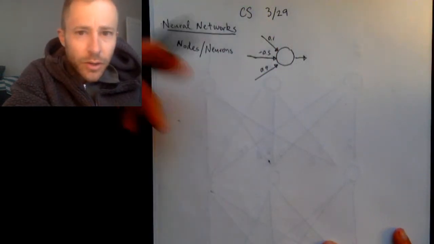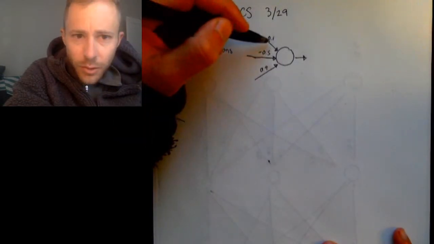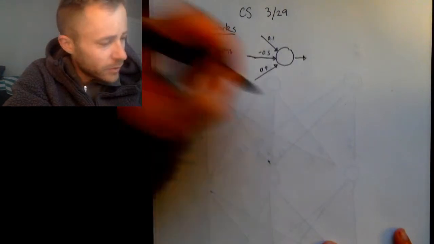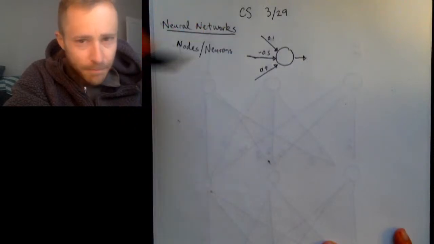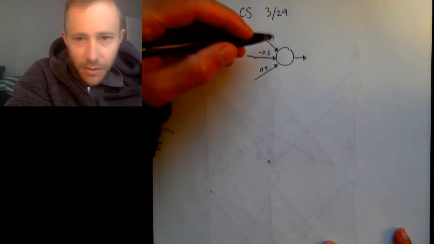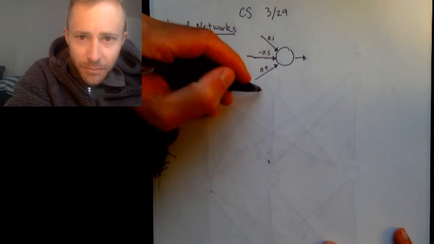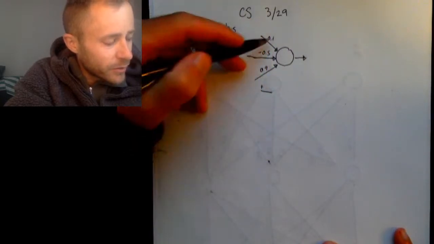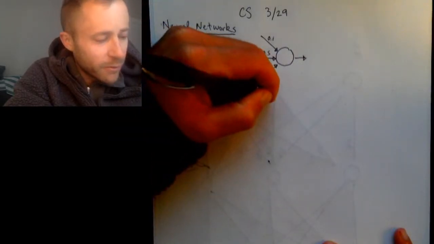What the neuron is going to do is take all of these inputs and add them together, so there's a total input to the neuron. No matter how many it has, it could have 85 inputs, it just takes all those and adds them up. So if I add those three numbers up, I would get negative 0.4 plus 0.9, I would get plus 0.5.